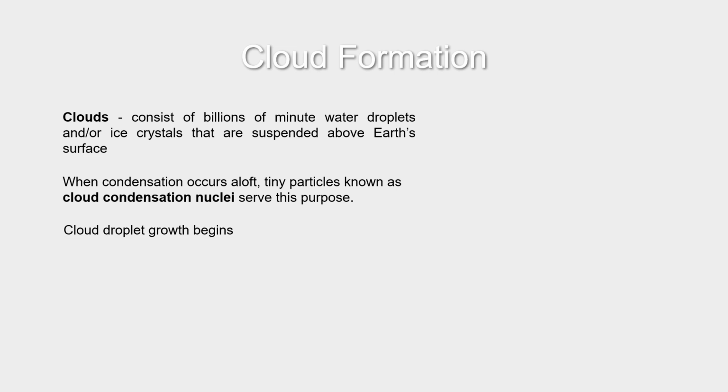Cloud droplet growth begins on cloud condensation nuclei. And it takes about 1 million cloud droplets to form a single raindrop.